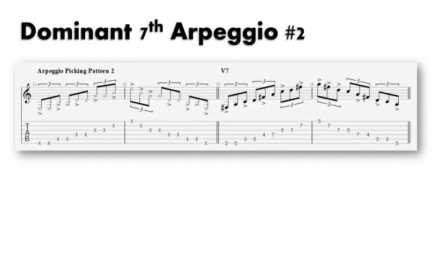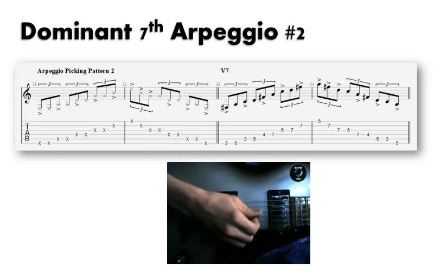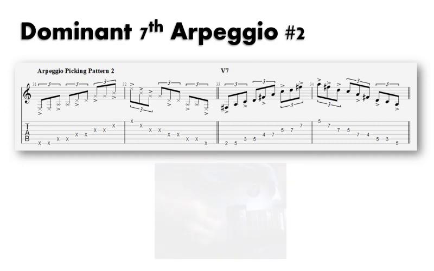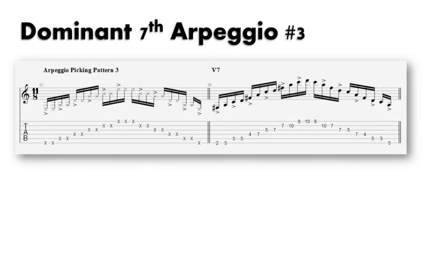Here's a second variation on that dominant 7th arpeggio with a different picking pattern. Now let's try this 3rd dominant 7th variation.